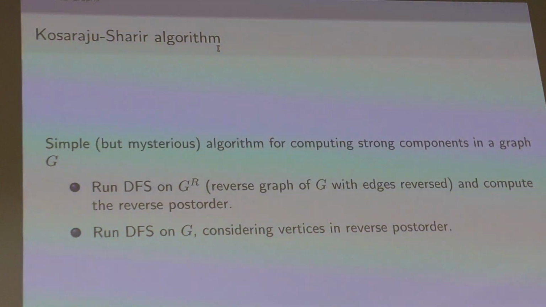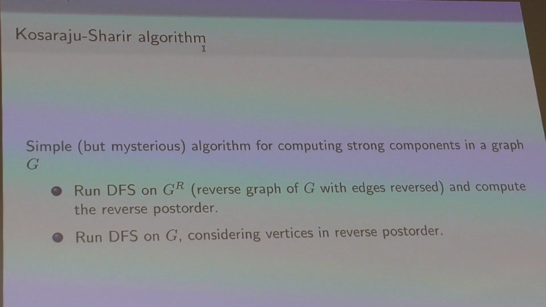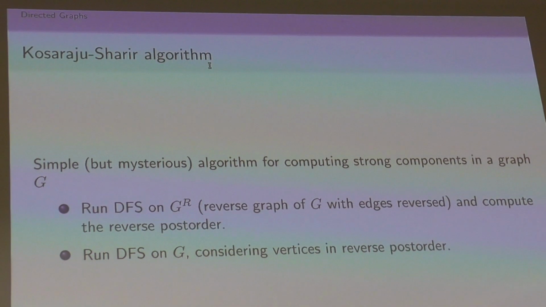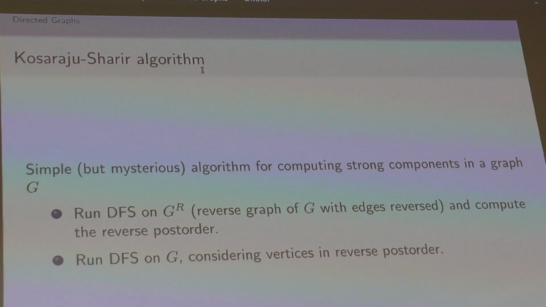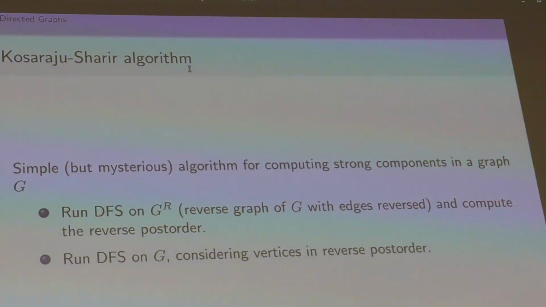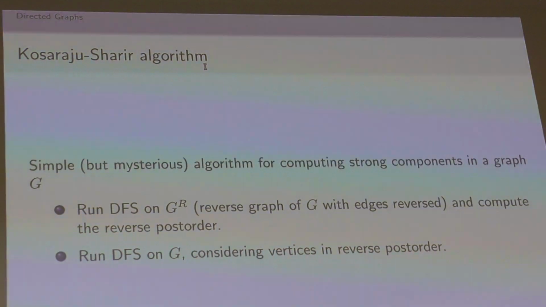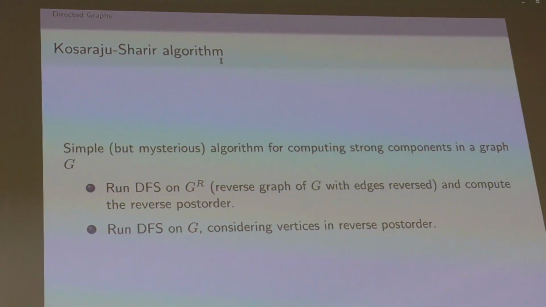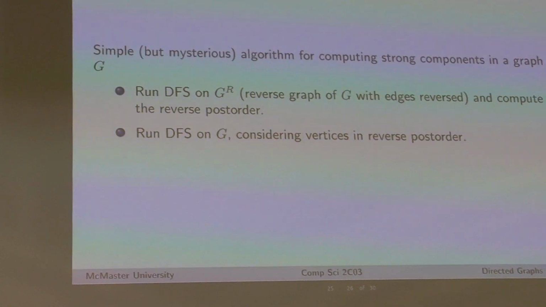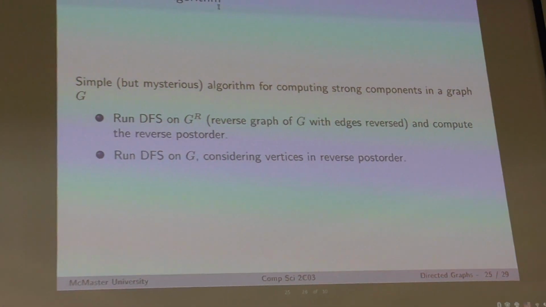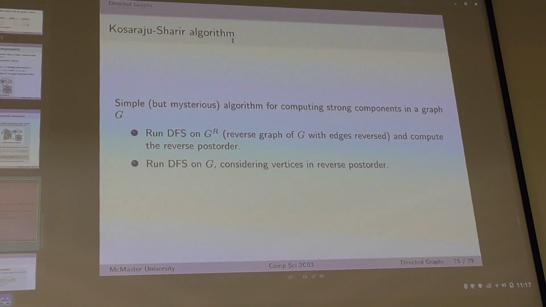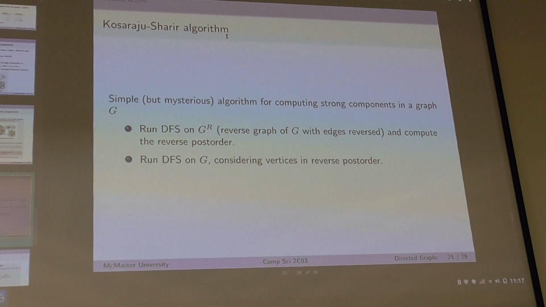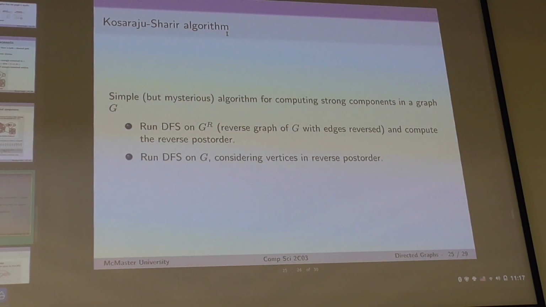The Kosaraju-Sharir algorithm. A simple but mysterious algorithm for computing strong components in a graph. This is how we're doing it. We run the depth first search on the graph reversed. We take the graph and reverse every edge in it, and then we compute the reverse post order.